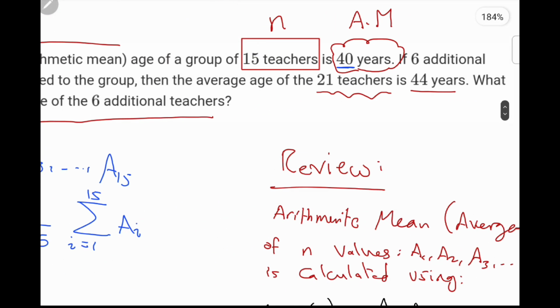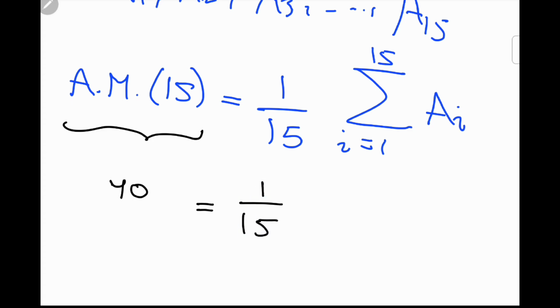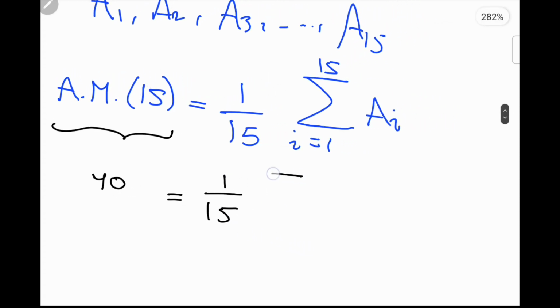So this here is equal to 40. So in this case, we have 40 equal to 1 over 15 times the sum I equal to 1 to 15 of AI.